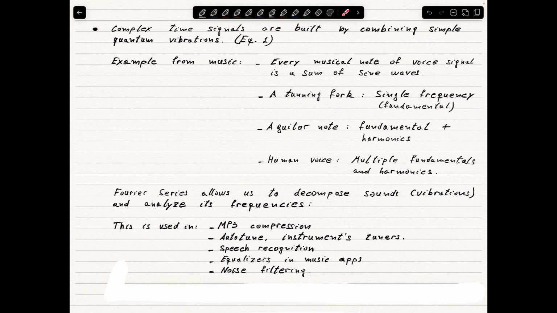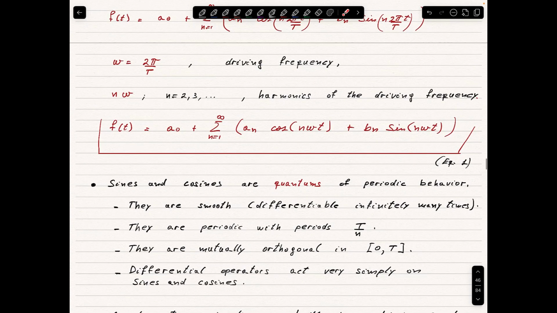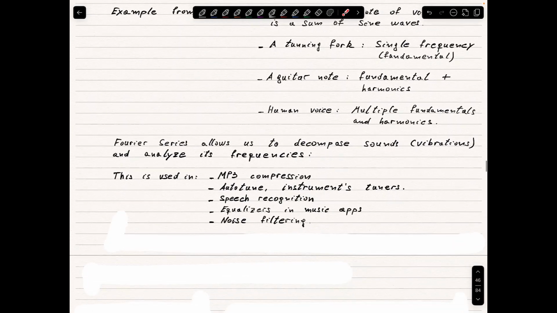For example, when we want to digitalize music in a compression format like MP3, we compute a Fourier series and save these coefficients. Autotune apps and instrument tuners also make use of Fourier series.